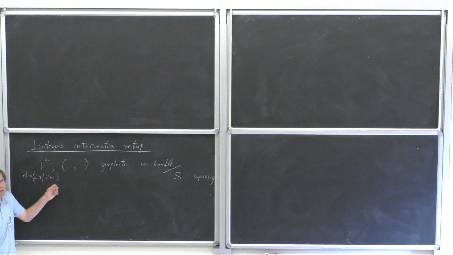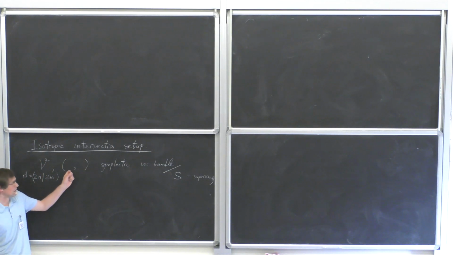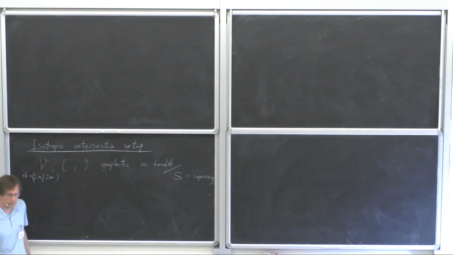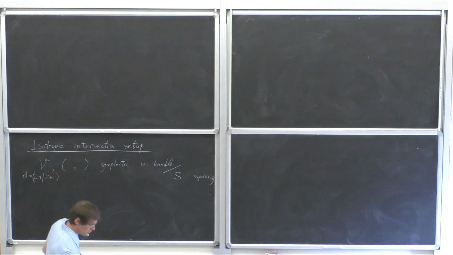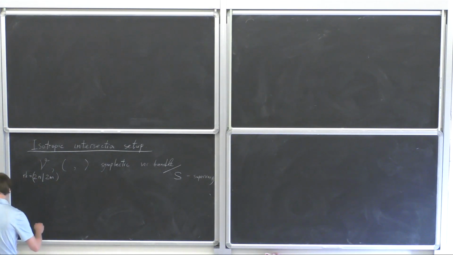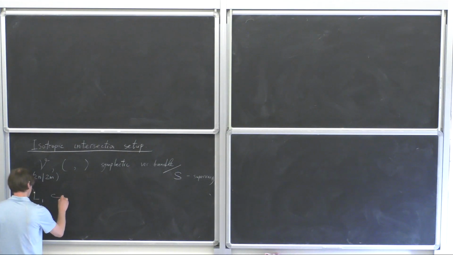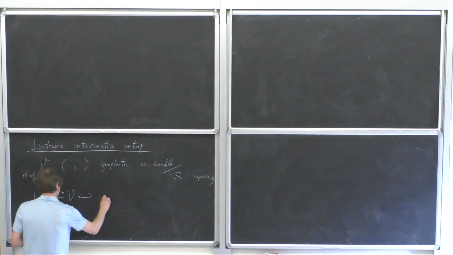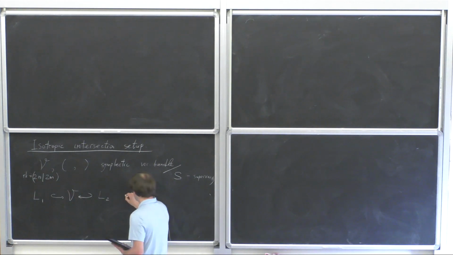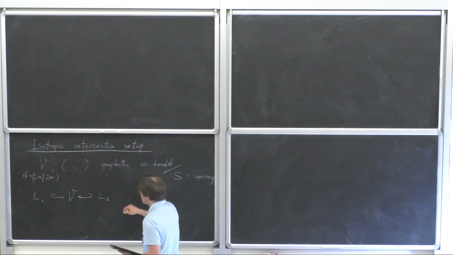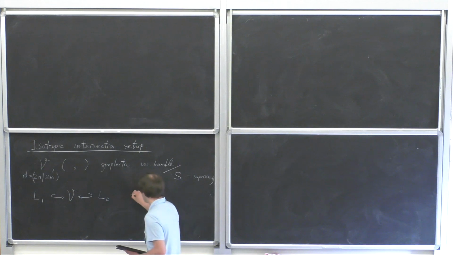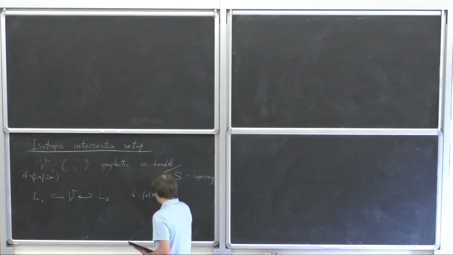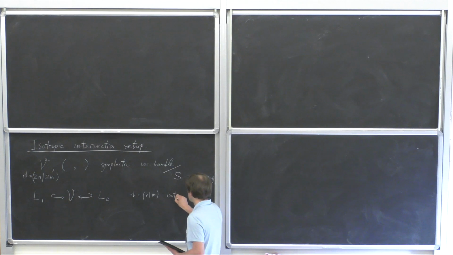If it's purely odd, then this would be a symmetric form. Okay? And so assume now that we have two maximal isotropic subbundles. So these will be isotropic subbundles of maximal possible dimensions, so they will both be rank n and m isotropic subbundles.